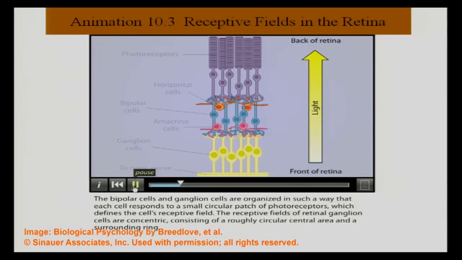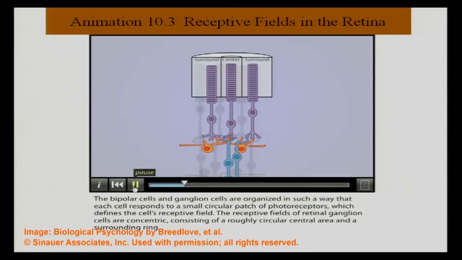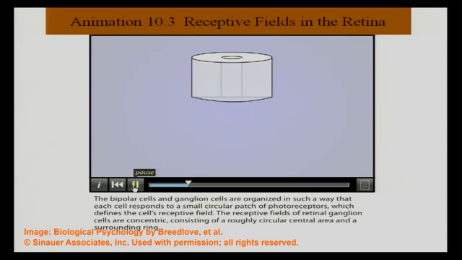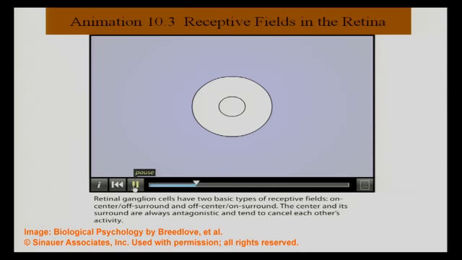The bipolar cells and ganglion cells are organized in such a way that each cell responds to a small circular patch of photoreceptors, which defines the cell's receptive field. The receptive fields of retinal ganglion cells are concentric, consisting of a roughly circular central area and a surrounding ring. Retinal ganglion cells have two basic types of receptive fields: on-center off-surround and off-center on-surround.